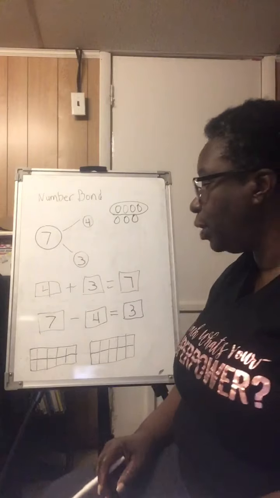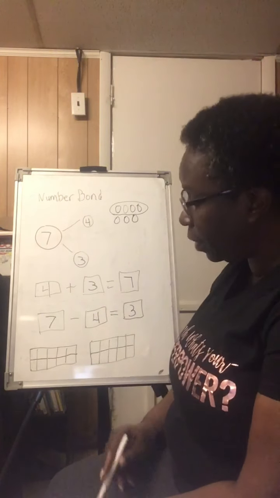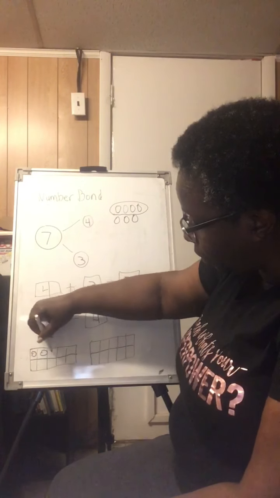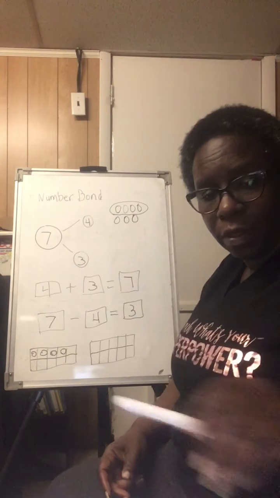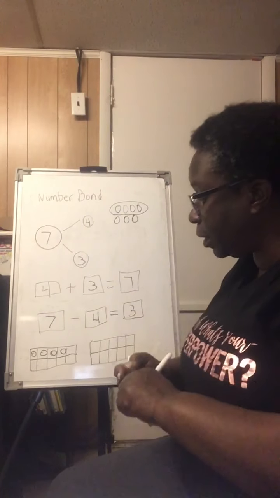So what we're going to do, we're going to put our 4 in with the black marker. 1, 2, 3, 4. Because we know 4 is the solid number that was up there.